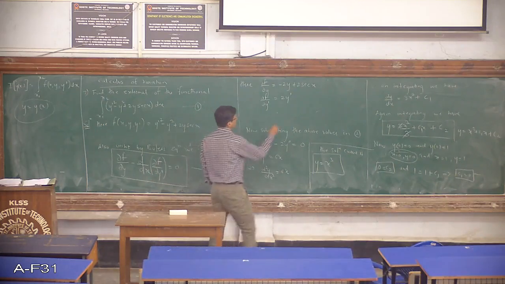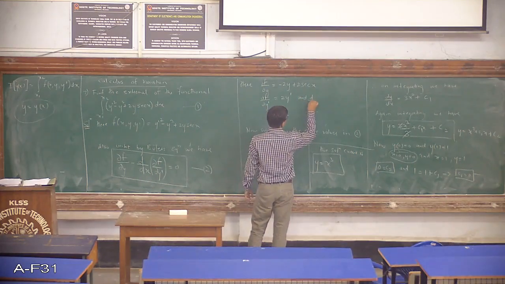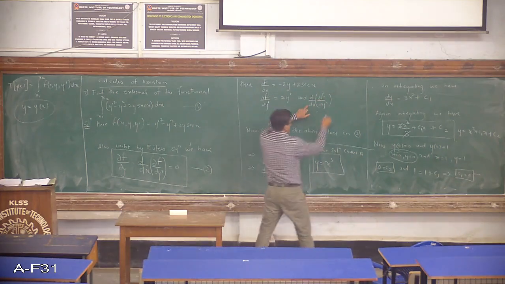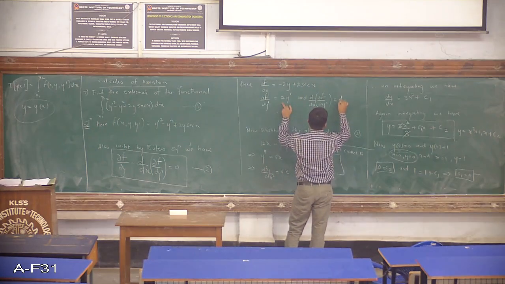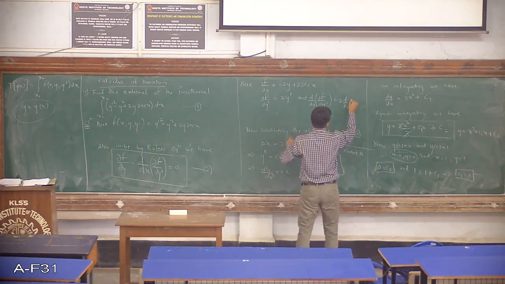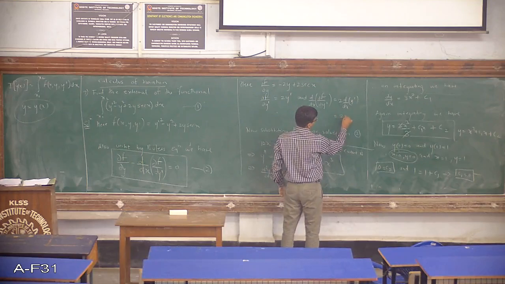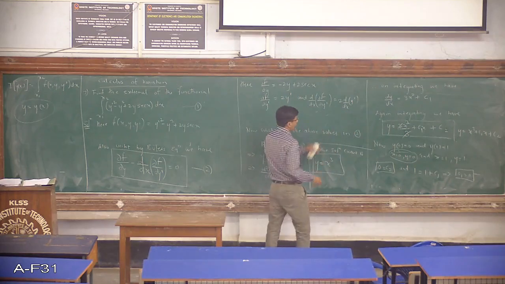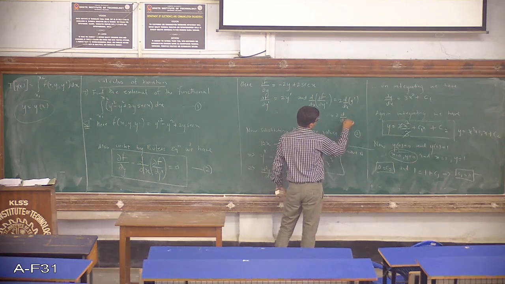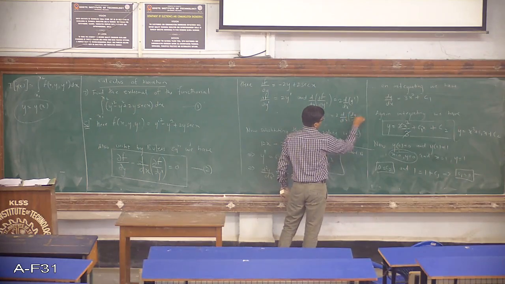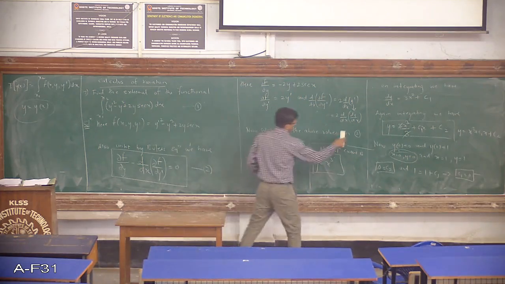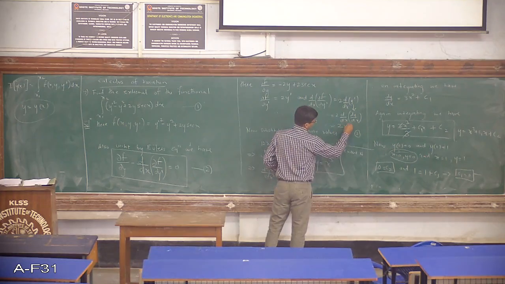Now if I take d by dx of dou f by dou y prime, taking the 2 outside, d by dx of y prime, y prime being dy by dx, which is equal to 2y double prime.